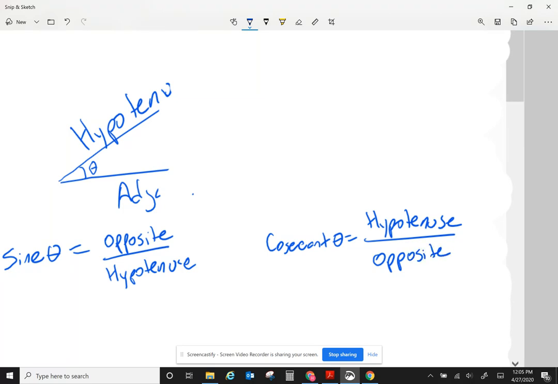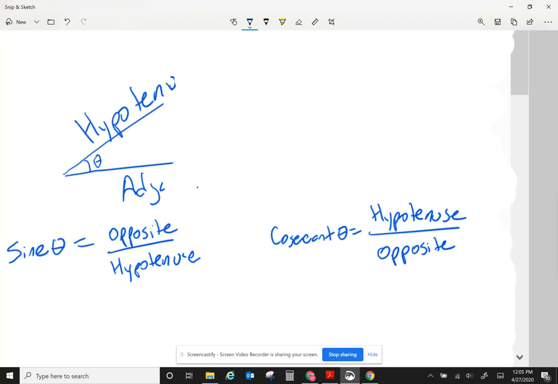So remember, sine is opposite over hypotenuse. Cosecant is hypotenuse over opposite.